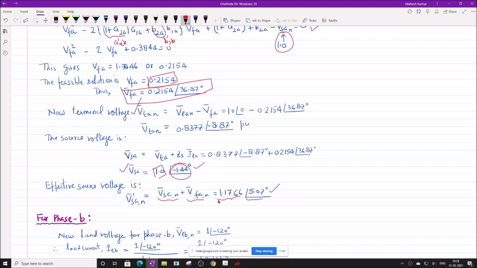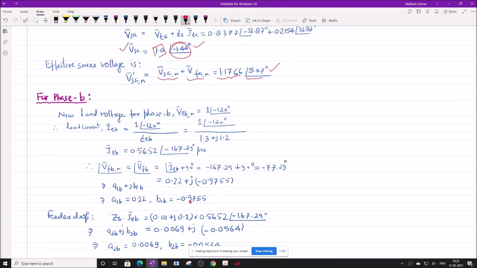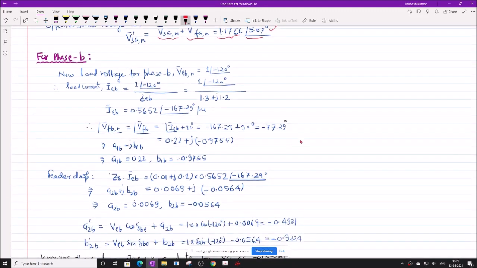Okay. For phase B, in a similar way, we will calculate the DVR voltage for phase B. Almost the same.